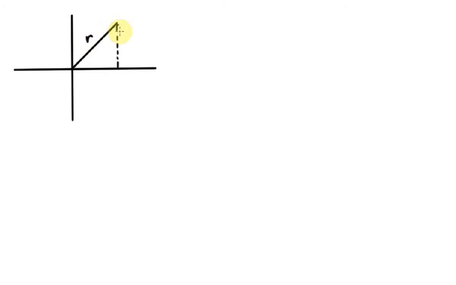We'll just call it r for the length of that terminal arm. And then there's a point up here which will give coordinates x, y. And then there's theta down here. So we know this distance here is x, and this distance here is y. So there's our little triangle.